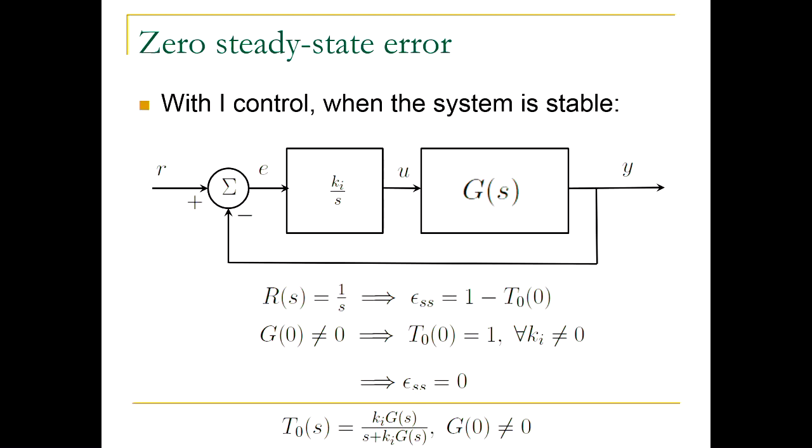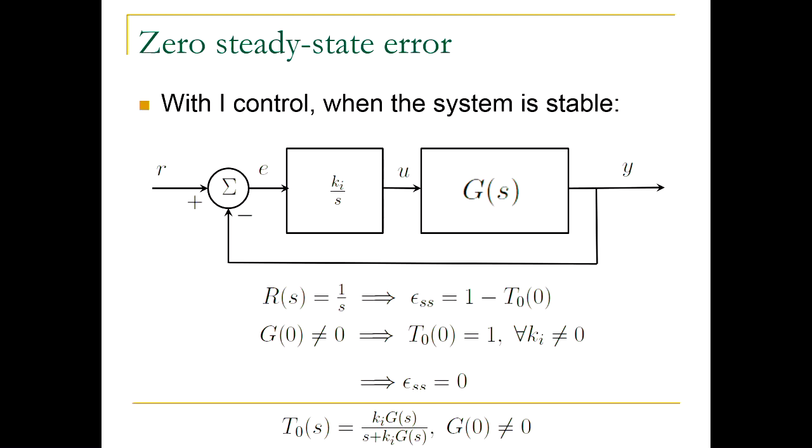This is a very cool observation. It's like magic that comes out of maths, right? So just because I use integral control, my complementary sensitivity function looks like this. So when I evaluate it at 0, for a very large class of plants, I just require that G at 0 is not 0, right? I get that T0 at 0 is 1.